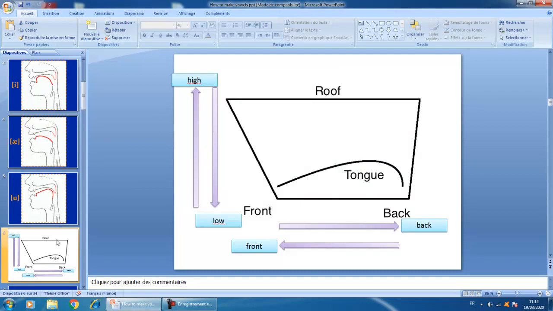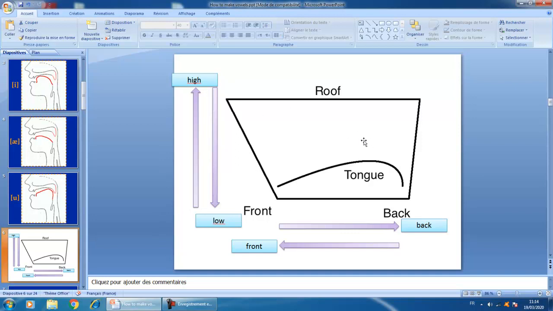Okay? Now, this is another figure which represents the space within our mouth. And inside it we have the tongue. This is the tongue here. Depending on which part of the tongue is raised, the front or the back, we can describe a certain vowel as being back or low.